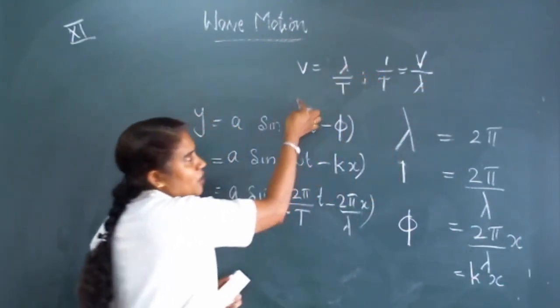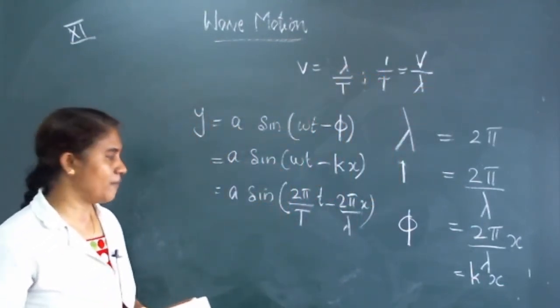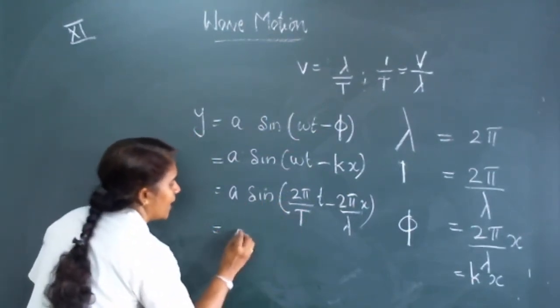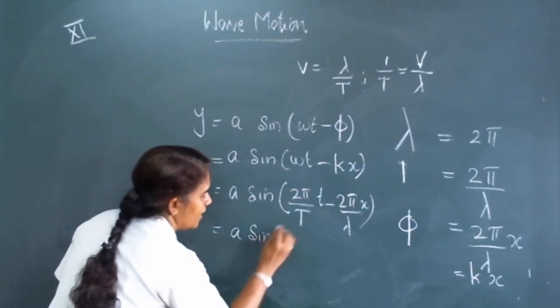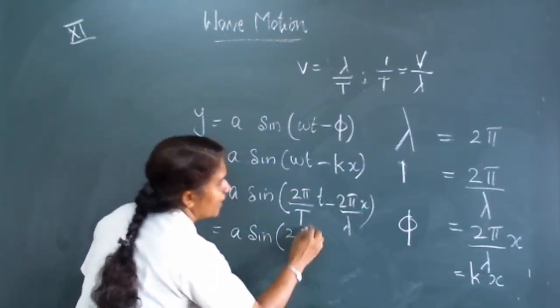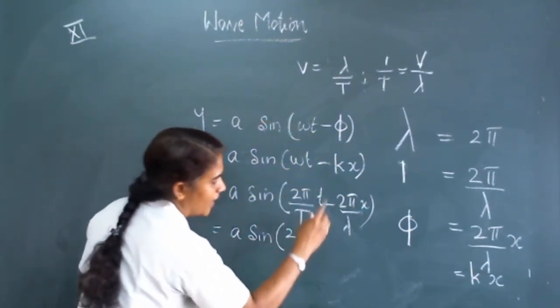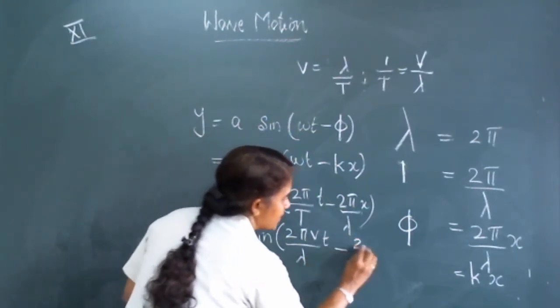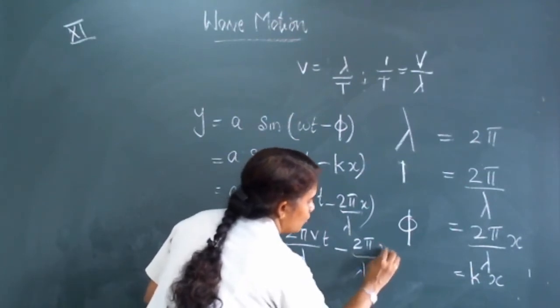So 1 by T is equal to v by lambda. Just replace 1 by T with v by lambda in the sine: 2 pi into v by lambda into t, minus 2 pi by lambda into x.